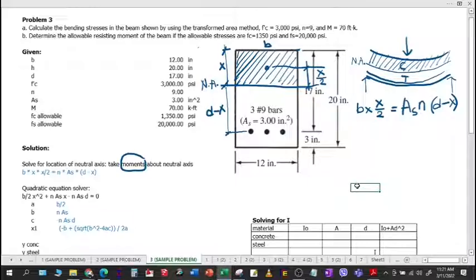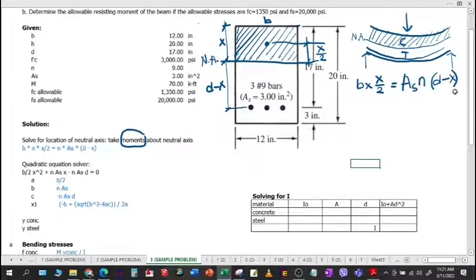Okay? Then, to simplify that, because we need to solve this equation and find x, we can transfer everything to the other side and make it a quadratic equation. So that will be bx squared over 2.